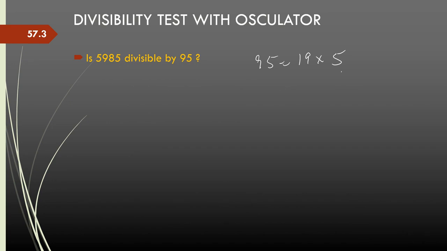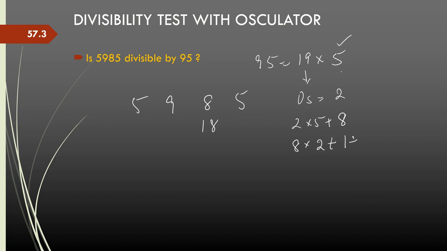We know that the number is divisible by 5 because it ends in 5, and then for 19 the osculator is 2. So, 5, 9, 8, 5, 2 times 5 plus 8, that is 18. 8 times 2 plus 1 plus 9, that is 16 plus 10, 26.